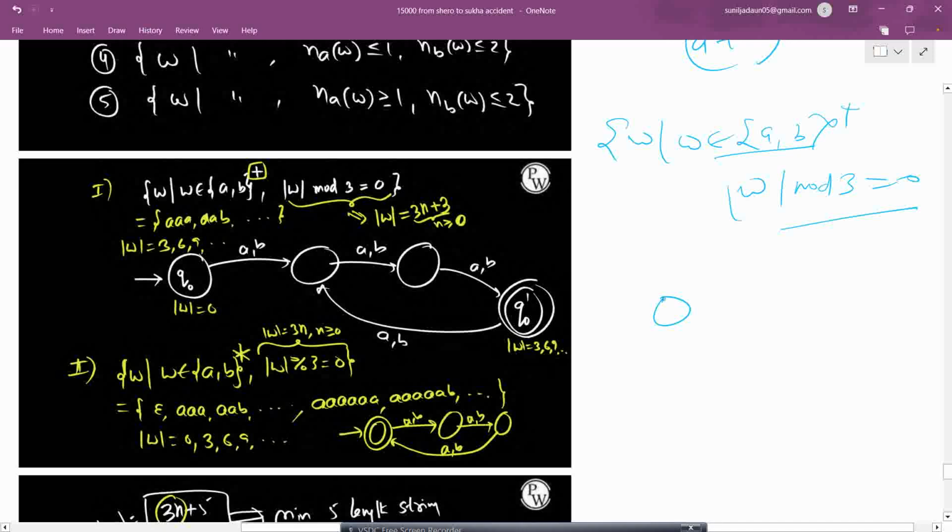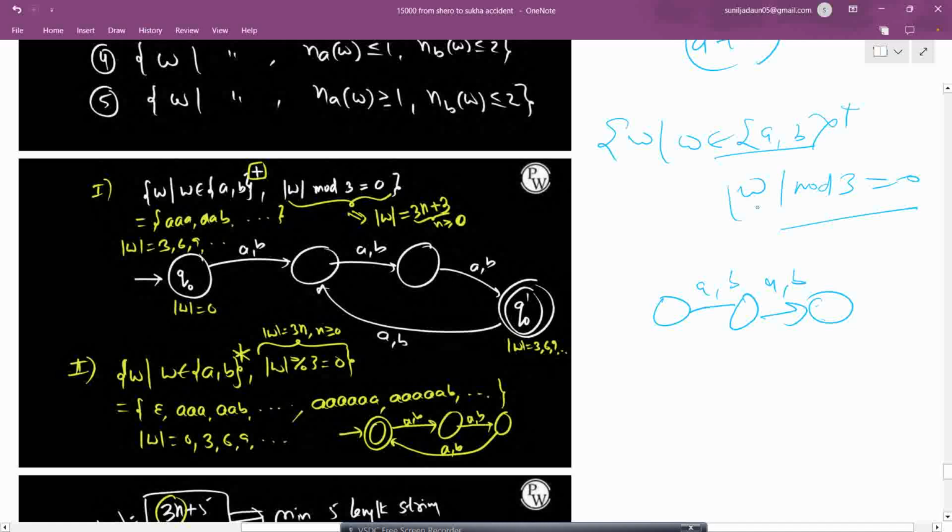If it is length 1, alright, it will not accept null, yes. If it is length 2, what is this doing? a comma b and a comma b, which is 2. If it is 3, it will be a comma b. So how can we do that? We can make the first state not final.